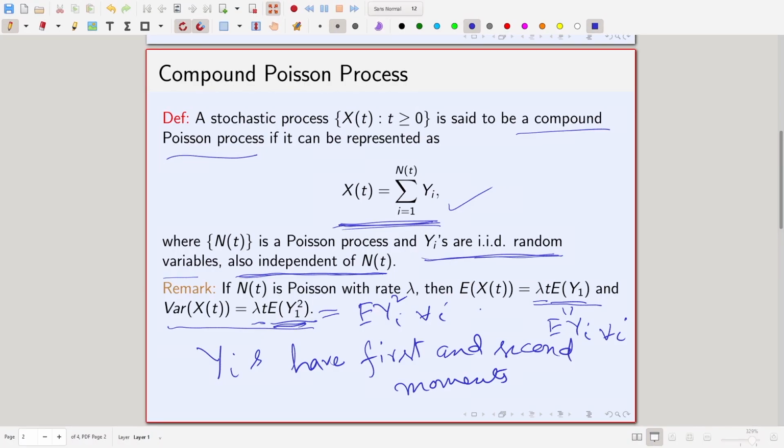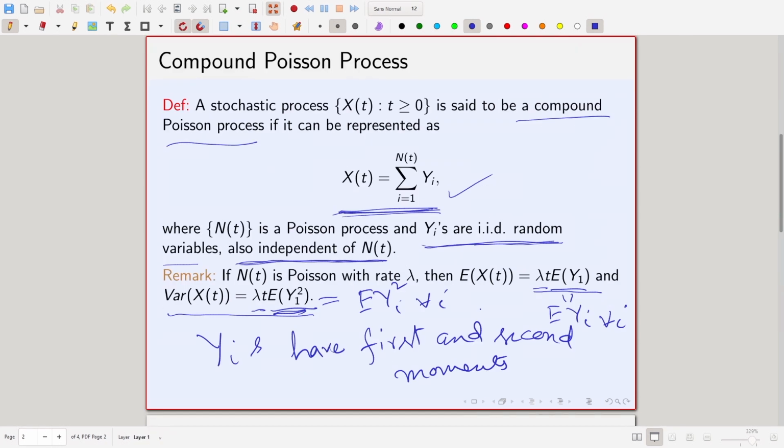You will see that is where you will use the facts that N_t is independent of Y_i and so on. I am not going to do those things in this course, but I strongly encourage you to do those two exercises. But you should keep in mind these two formulas, the expectation and variance of a compound Poisson process if N_t is Poisson with rate lambda.